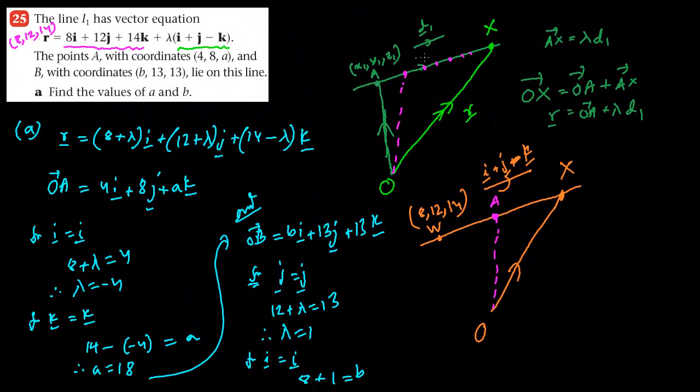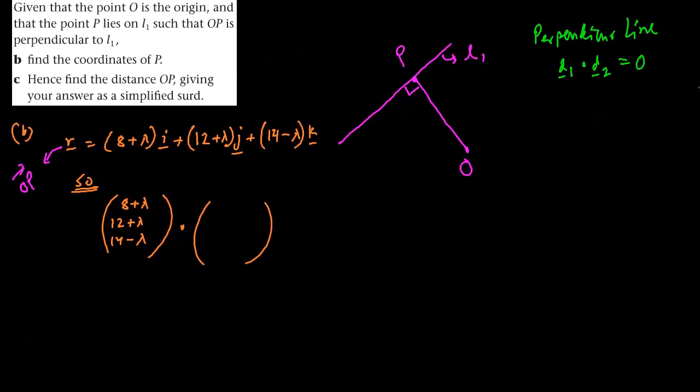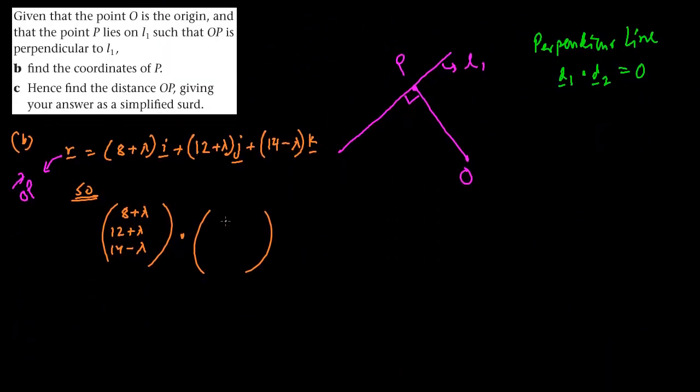Whatever is written here, that's the direction vector, the vector to which the line is parallel. So the direction vector of L1 is i plus j minus k, meaning 1, 1, minus 1. And this dot product should be equal to 0.